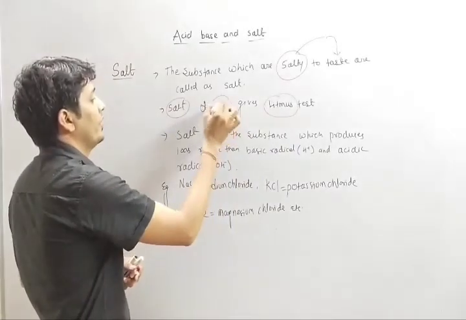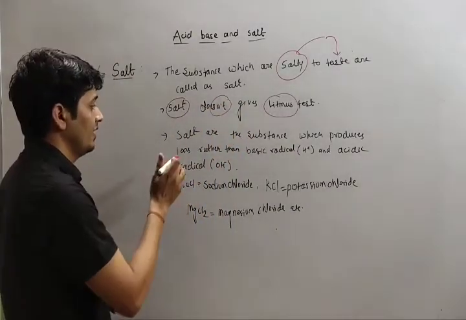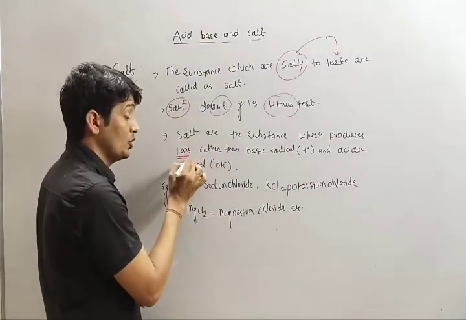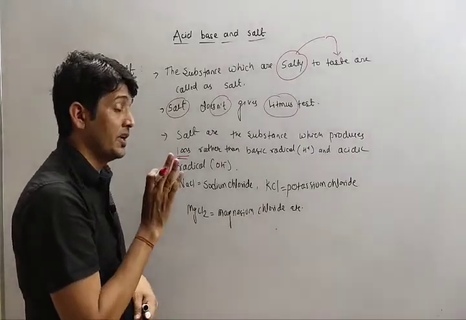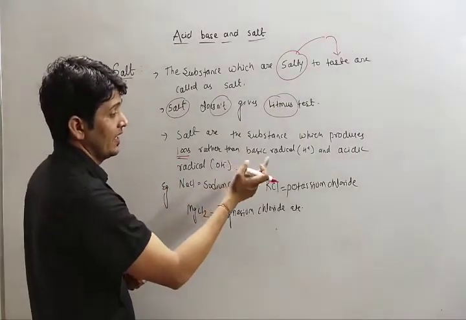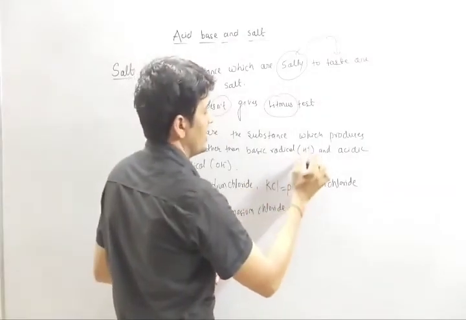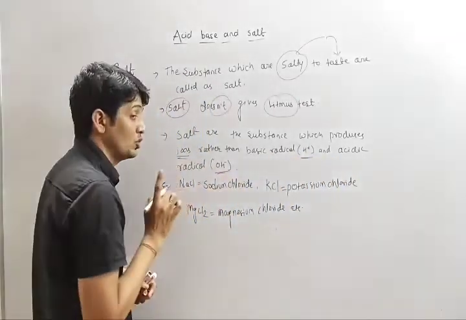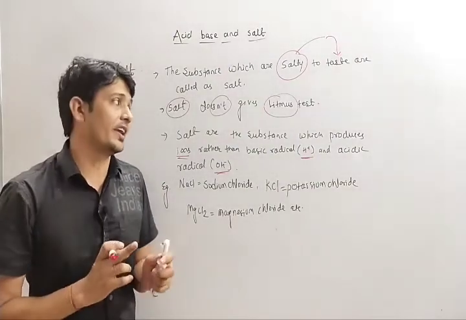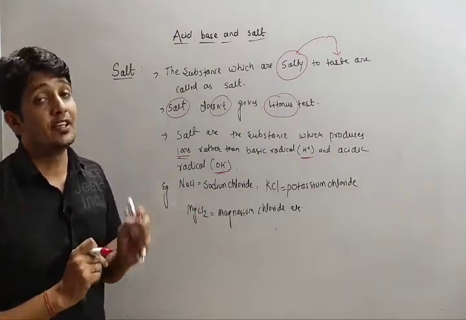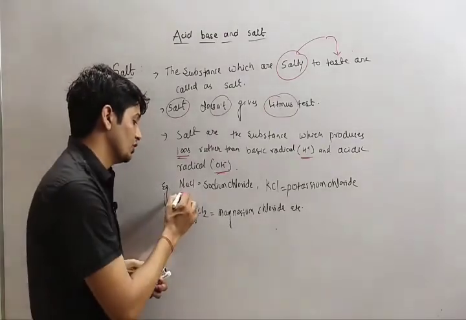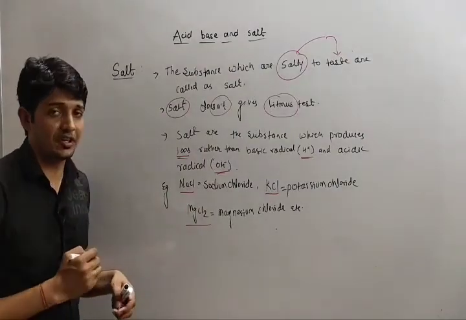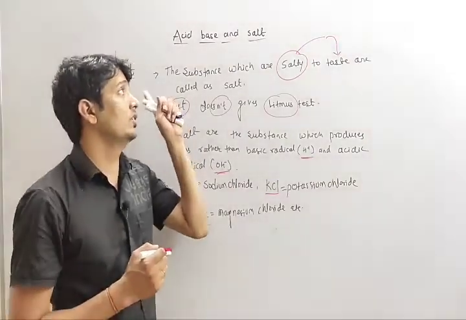And salts are the substances which produce ions rather than the basic radical, that means H positive, and the acidic radical, OH negative. Excluding H positive and OH negative, they release other ions, and such substances we call salt. Examples are sodium chloride, potassium chloride, magnesium chloride, etc. Okay, so this is all about salt.